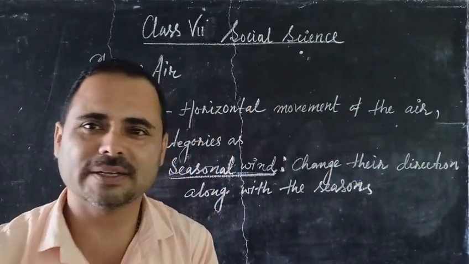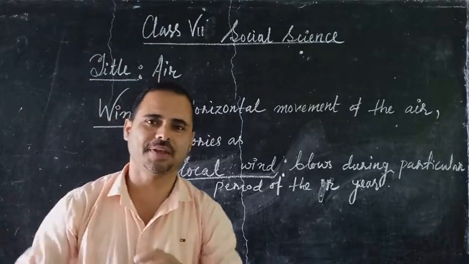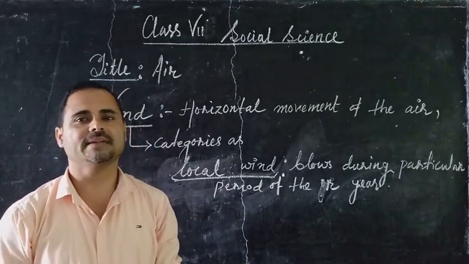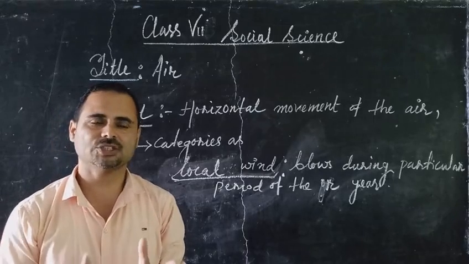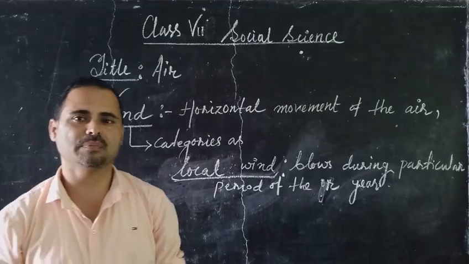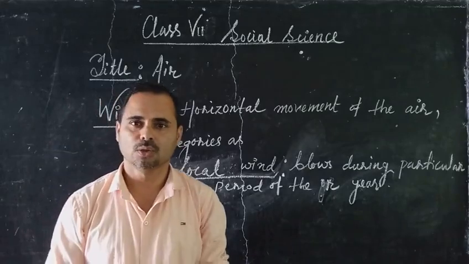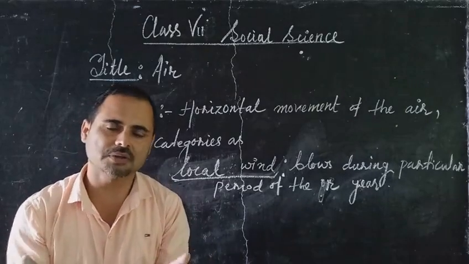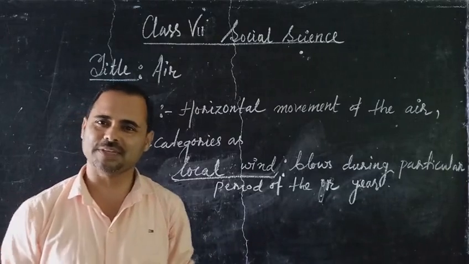Now let us try to understand the local wind. Local winds are such winds which blow in a particular period of a day or a particular time of the year. You might have heard about the western disturbance, or you might have heard about the Loo. Loo is the best example of a local wind, which originates in a particular place on a particular day of the year.